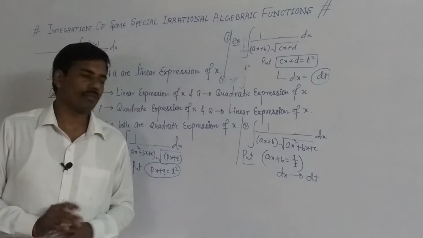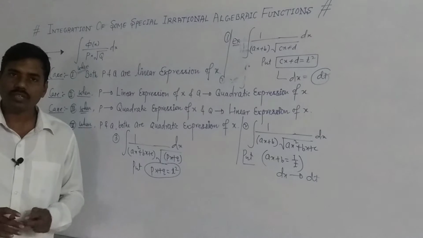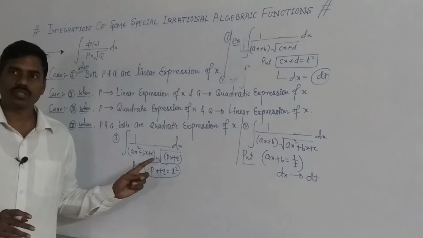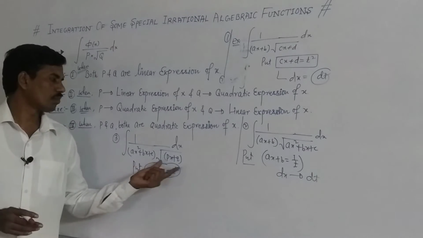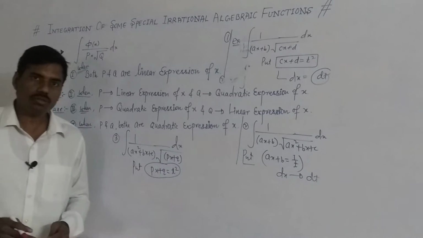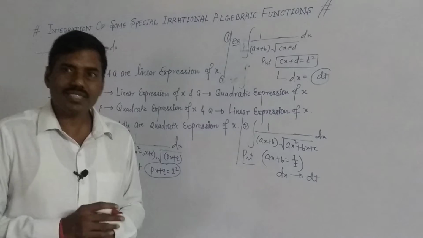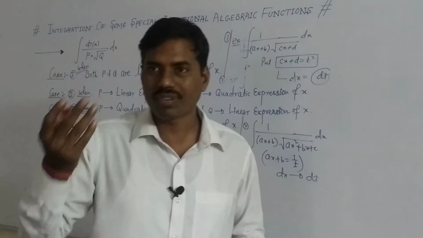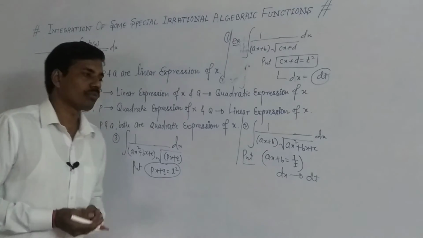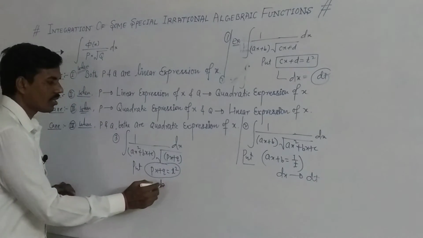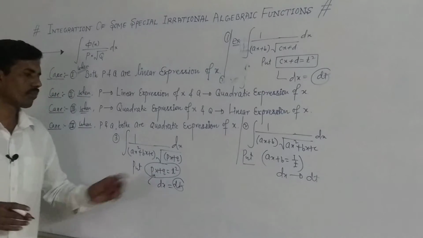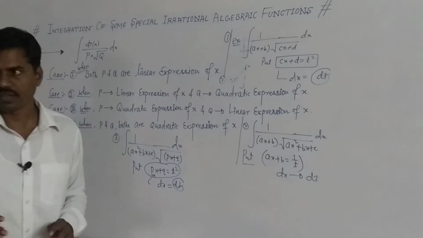So we are changing the functions which are in x into the form of t. For that we have to change dx in the form of dt after taking the derivative of both sides. Clear?